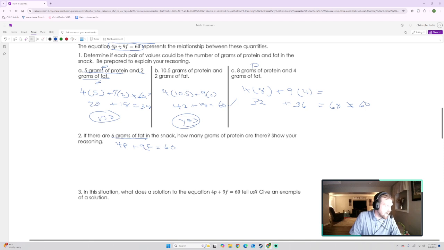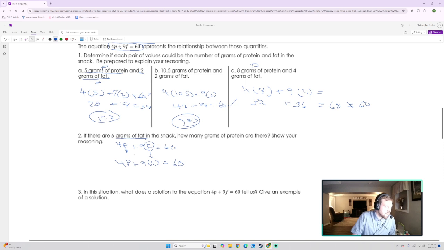So that's our F. Okay, so I know that F is now 6. And it's asking us for the grams of protein, which in this case is P. So I have an equation with all variables known but one. I can solve for P like I've done before.